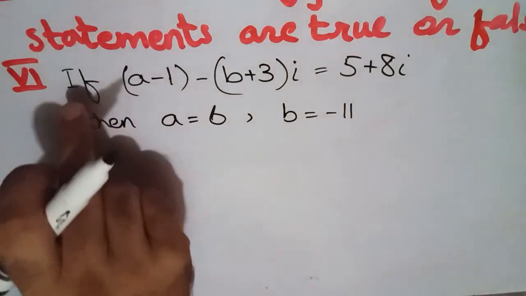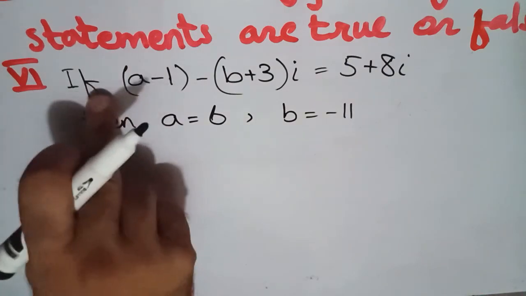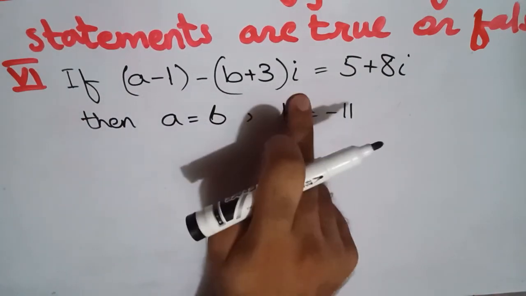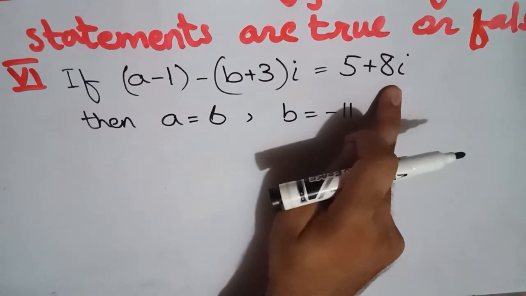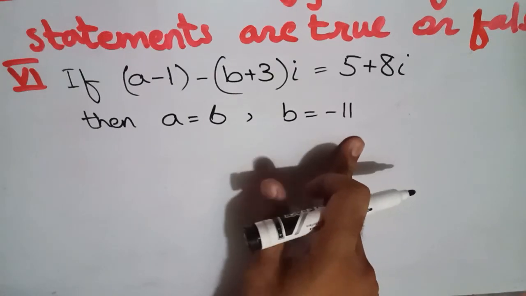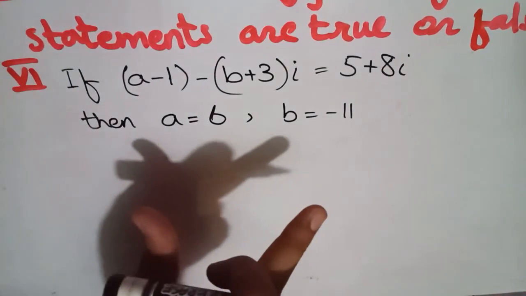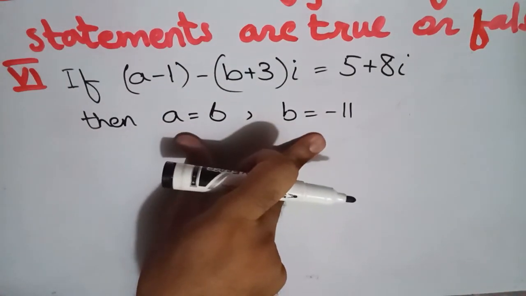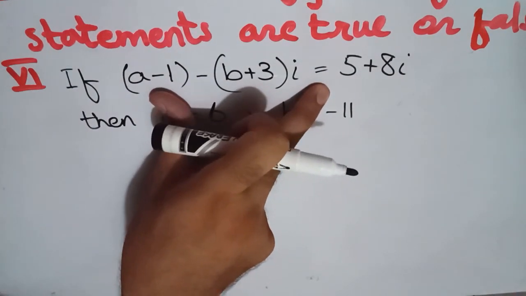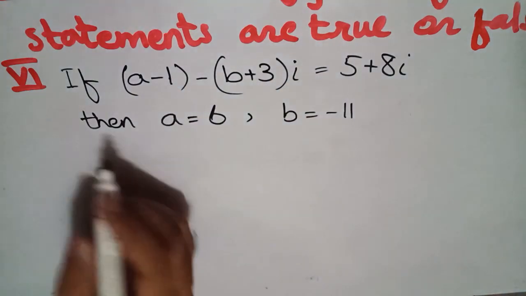In the next statement, statement number 6, if a minus 1 minus iota into b plus 3 iota is equal to 5 plus 8 iota, then a is equal to 6 and b is equal to minus 11. So we have to find whether these values are correct by solving this expression.